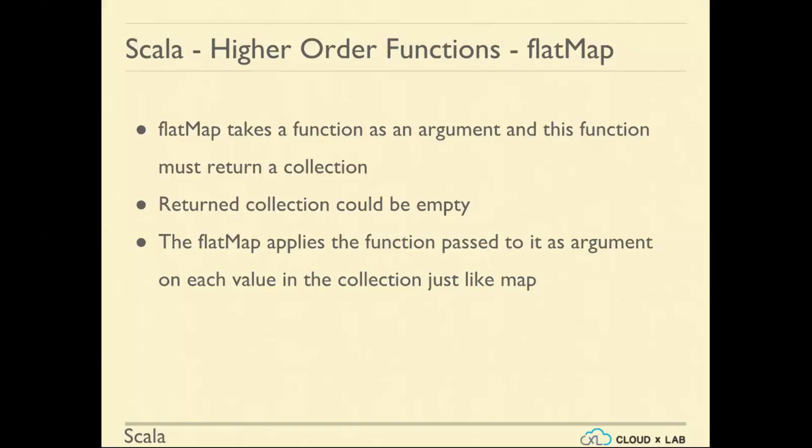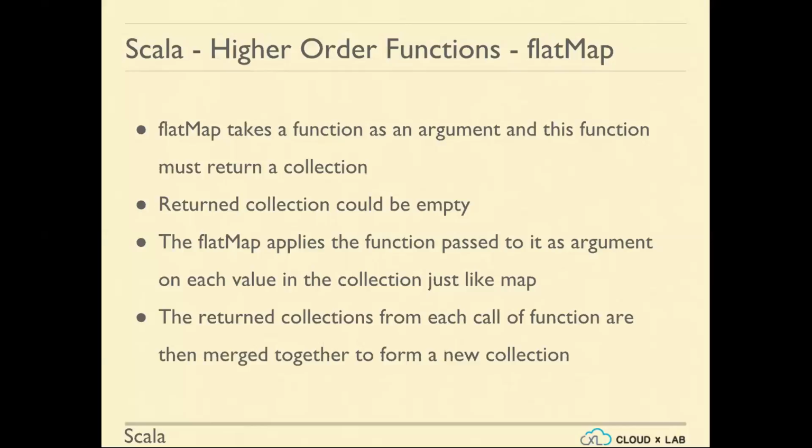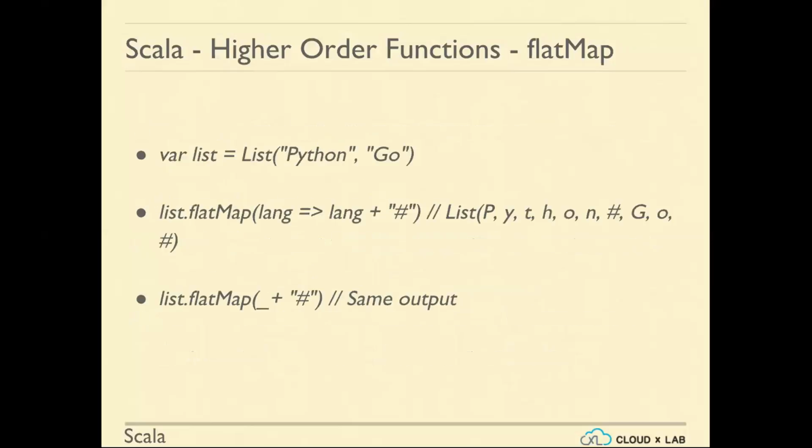So flatMap applies the function passed to it as an argument on each value in the collection, just like map. The difference is, in case of flatMap, the number of returned values could be more or less than the actual number of input values. Okay, let's take a look.